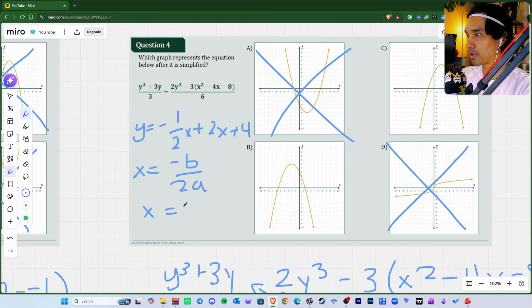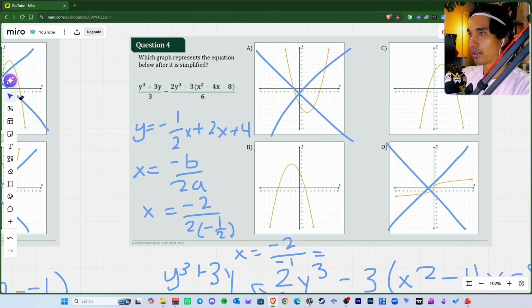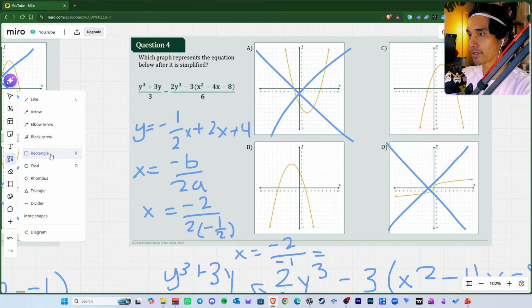X is equal to negative 2 over 2 times negative 1, that is negative 2 divided by 2. That's going to give me x equals 2. And I just want to rewrite that better. That's going to give me my x coordinate.